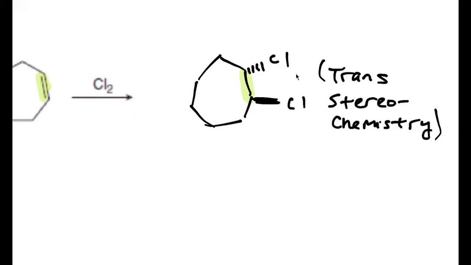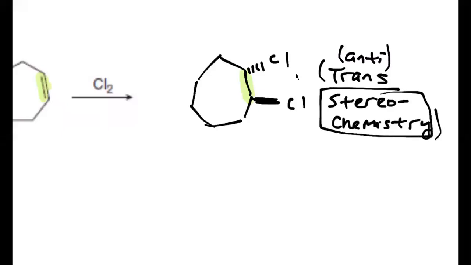Here, trans means the same thing. The two chlorines are opposite to one another. Sometimes you'll also see it written as anti-stereochemistry. All right. Any questions about that? So what's the term stereochemistry? It's just a way to talk about the 3D orientation of the atoms.